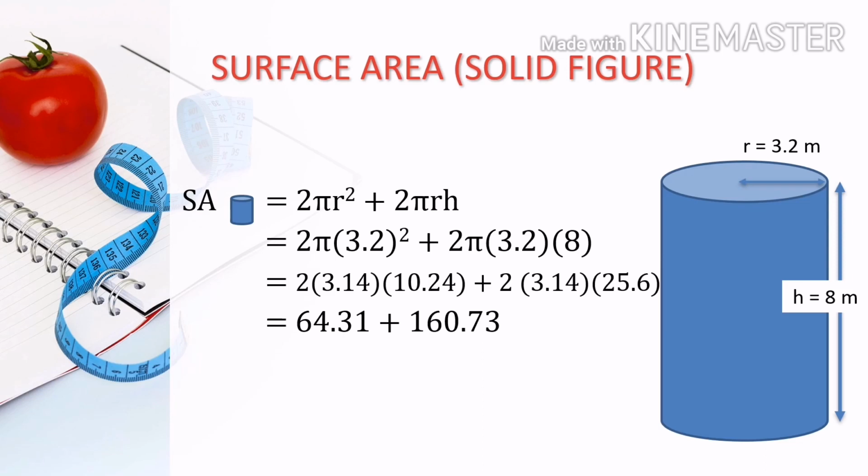When we multiply 2 times 3.14 times 25.6, that gives us 160.73. So we add, that would give us 225.04 square meters. That's the surface area to be painted.